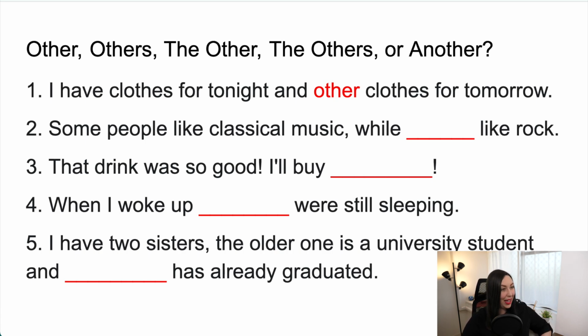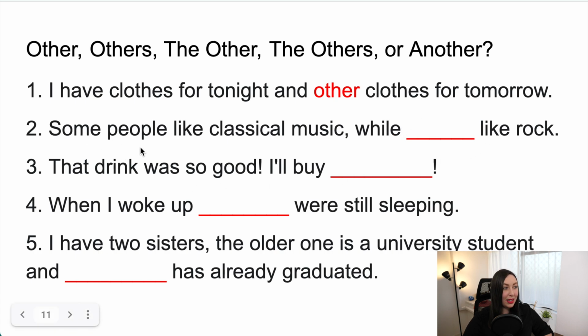Very good. Okay, let's try number 2. You guys are doing so well. Number 2. Some people like classical music while like rock. So here we're using the word as a pronoun.